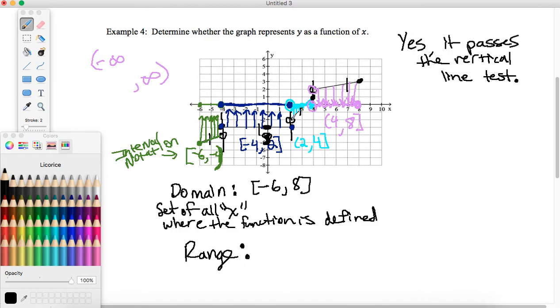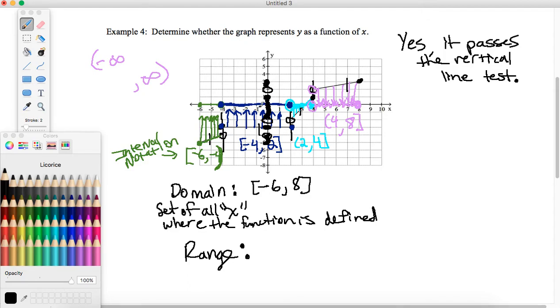Then my graph skips again until I get to -2, and it's open at -2. So I'm going to have an open circle at -2. All my points are covered up until I get to y equals 1, and at 1 it is closed. Then it skips until I get to this point right here, which is open at y equals 2, and I go up to 3 and close it, and it's all the points between there.